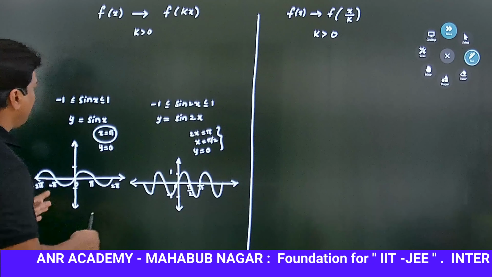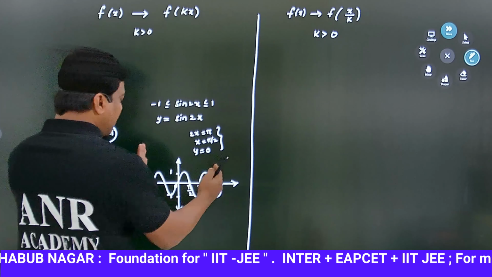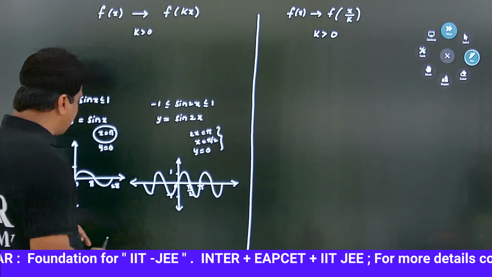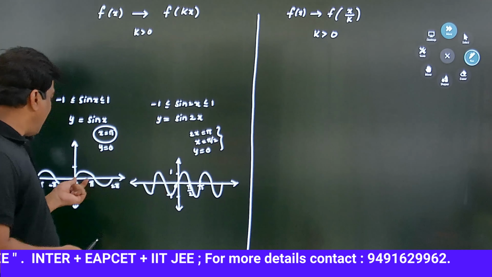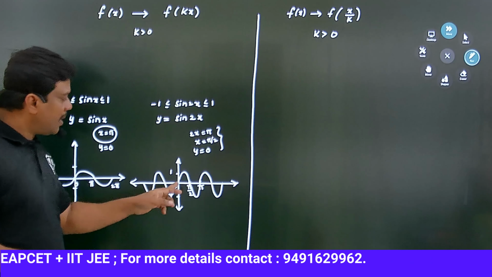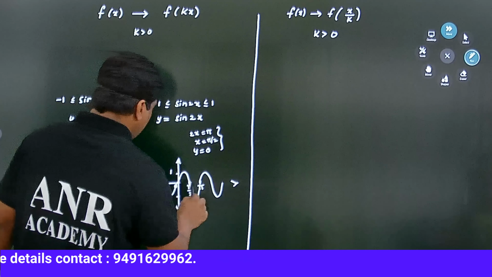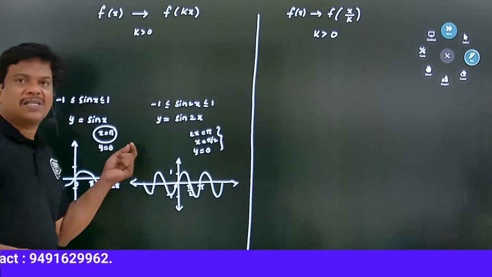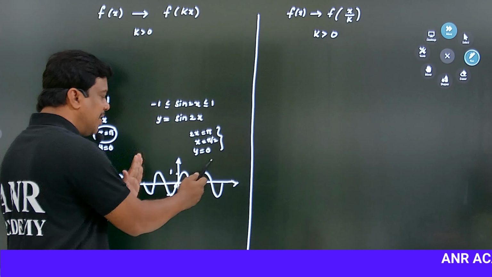So what you observed from these two figures means the graph shrinks k units, right? Here from 0 to pi you have a U-shaped graph, but here from 0 to pi by 2 you have a U-shaped graph. Nothing but the graph shrinks towards positive x as well as negative x.